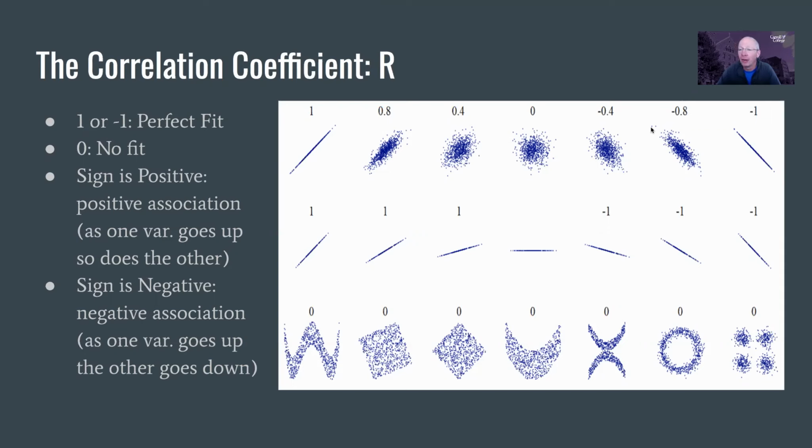Correlation coefficient of -0.8, I would draw a line with a negative slope through this one, and it's kind of strong. And then a correlation coefficient of 0 really just means there's no association whatsoever. As one variable changes, the other variable doesn't change at all. And if I draw any of these, you notice that there's really no association between what happens in the horizontal direction and in the vertical direction in terms of a linear relationship.